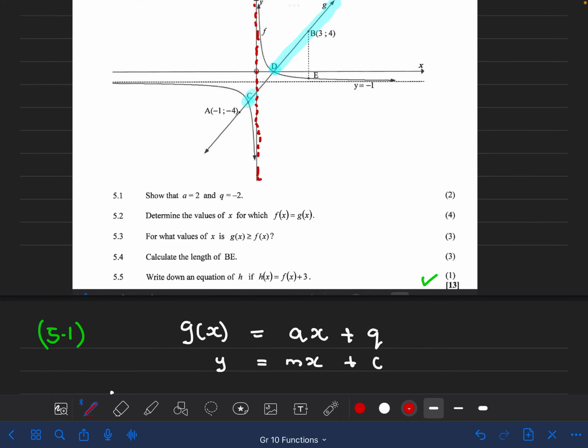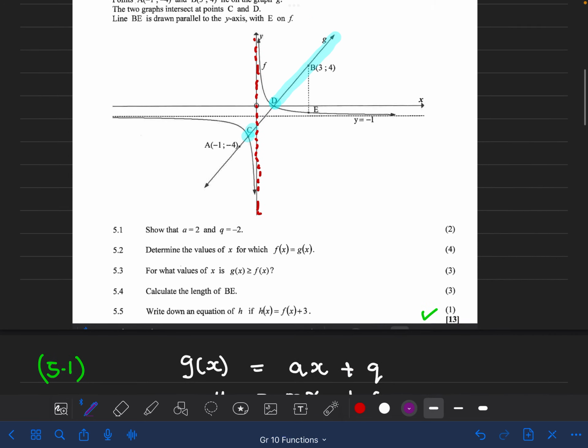So how do we answer this question? Where is g of x greater than f of x? So the values of x, right? When x is greater or equal to negative half, so this is negative half over here, right?